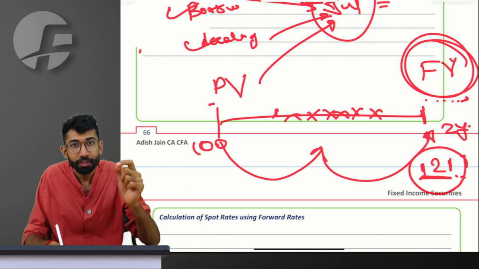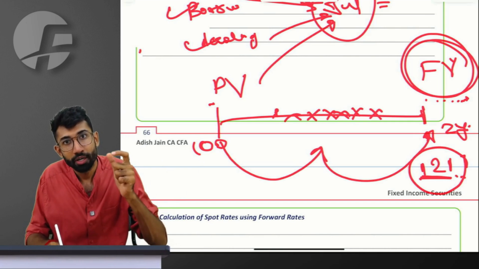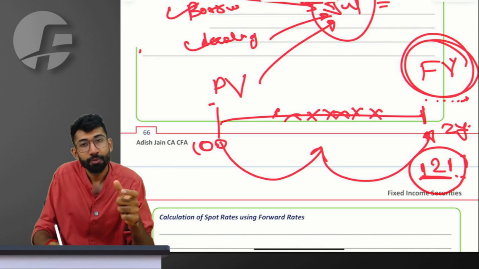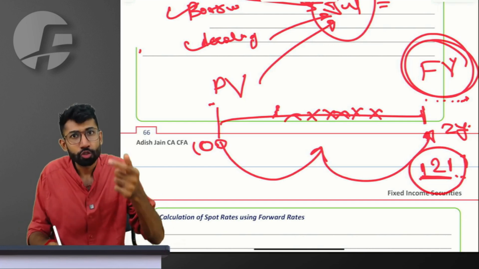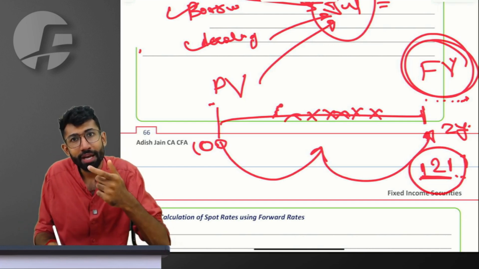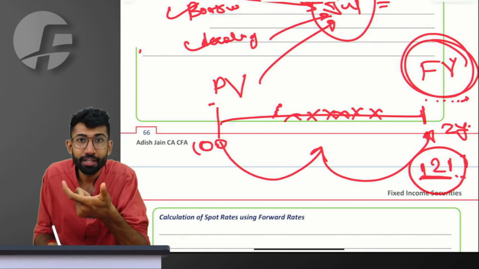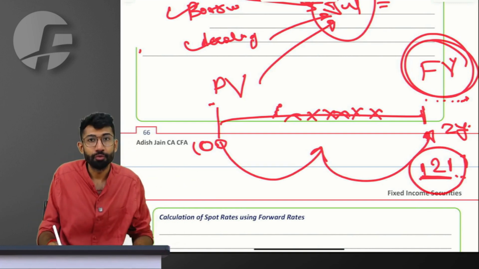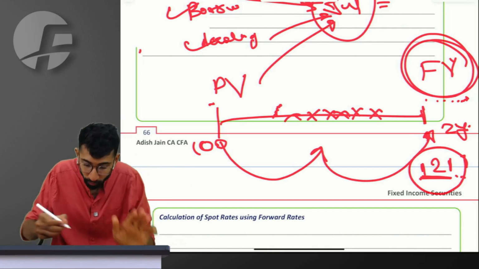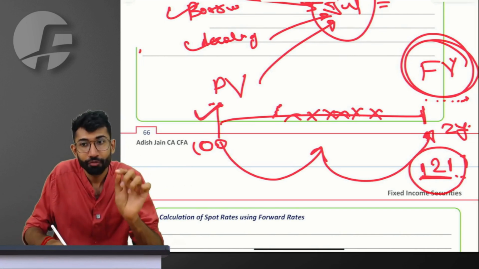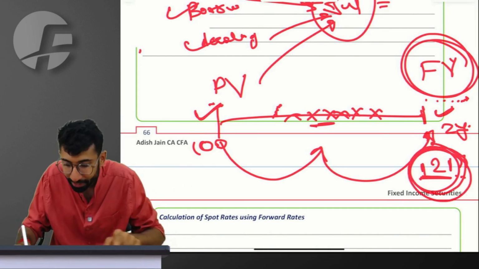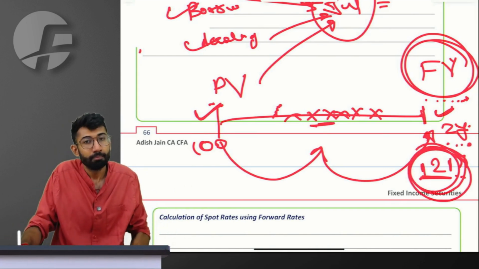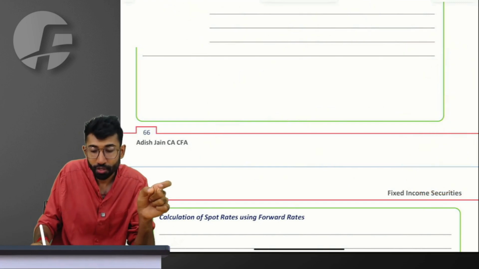Are you able to understand the difference between spot rate and YTM? So first of all, you have to identify what kind of cash flows that particular rate gives you. Because when you borrow at the spot rate, you have to realize that you will pay the bank the entire amount only at the end of maturity, with no cash flows in between.